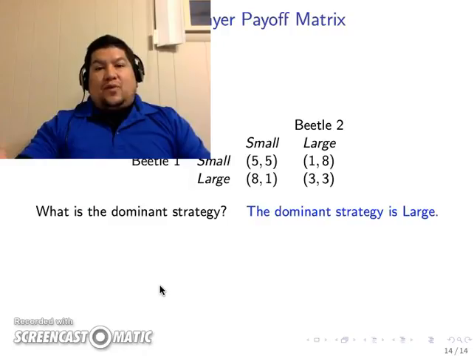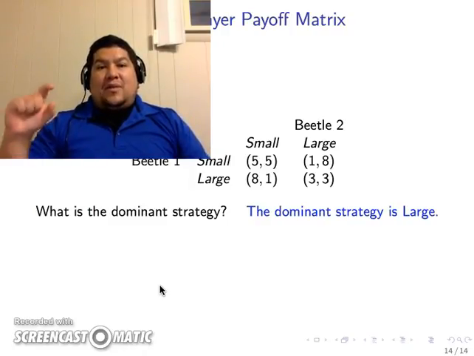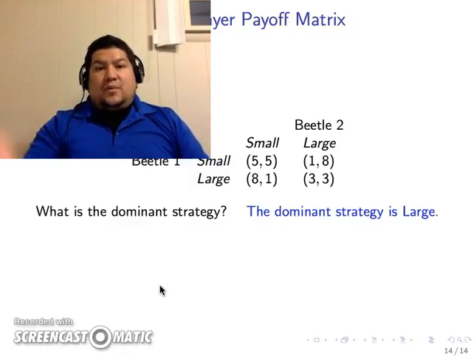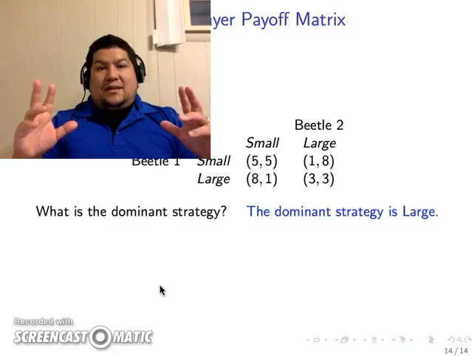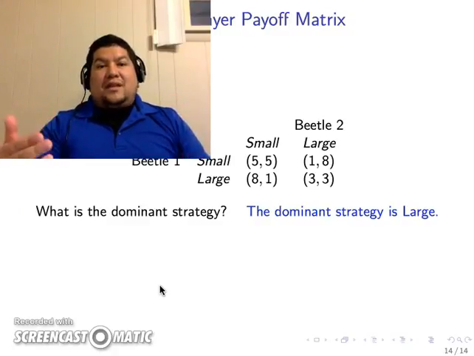That's what it means for a strategy to be dominant. It means that if you count how many individuals, and better yet, the proportion of individuals in the population with this particular strategy, then that proportion will get larger and larger and larger, and that is the notion of dominating as a strategy.